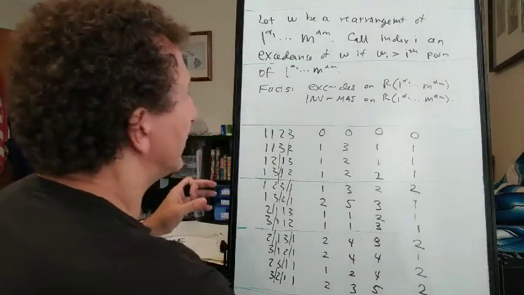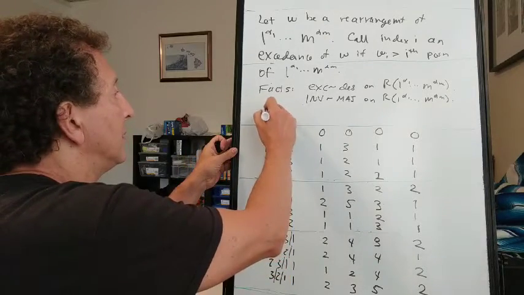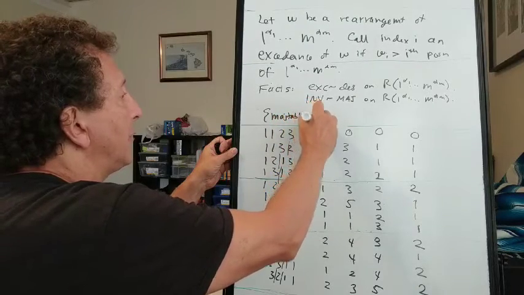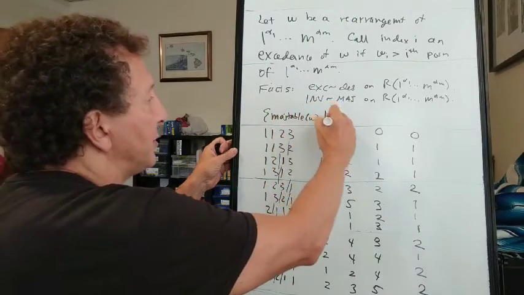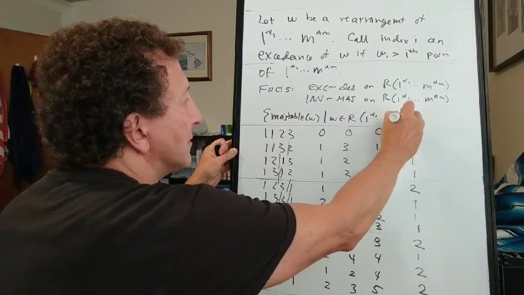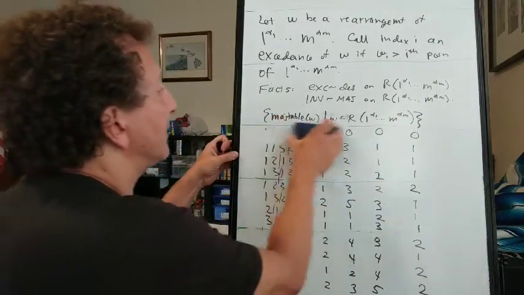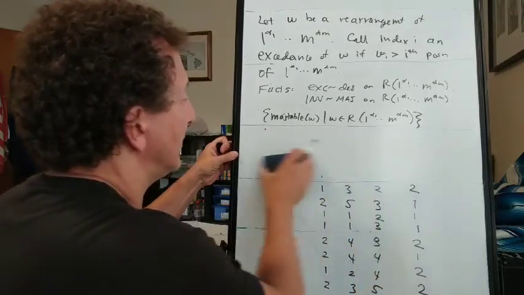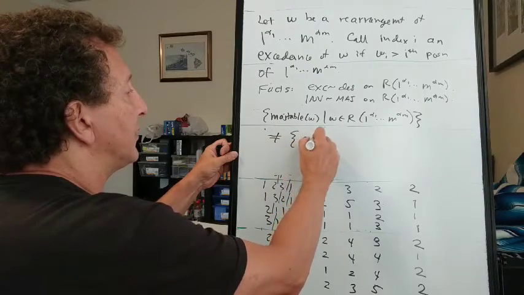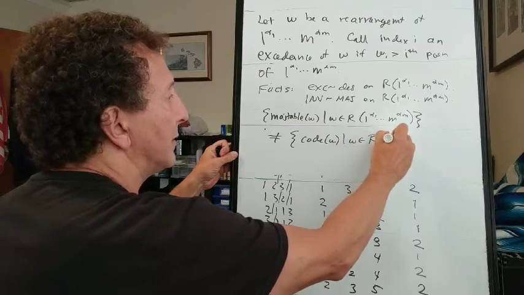And let me write down what I commented on. So we could define a major index table. And if we look at all the major index tables of W for W in the rearrangement class of any word, that set is not equal to the set of all codes of rearrangements of that same word.